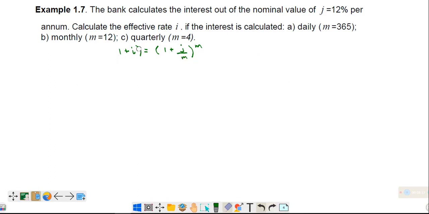So, we have here 1 plus i. So, to get the formula for i, ang nawawala ay i, all we have to do is to use addition property of equality, subtract 1 from both sides. You have 1 plus J over M raised to the power of, this is J ha, J.